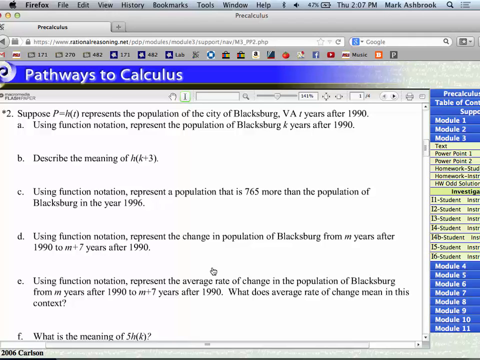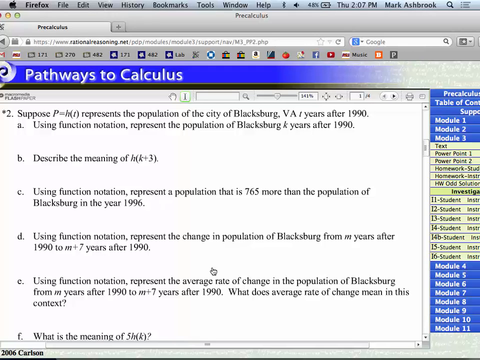Get rid of the population, just look at it. Yeah, H of A. Yeah.